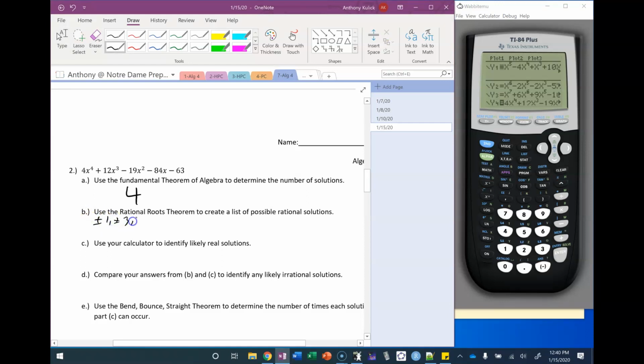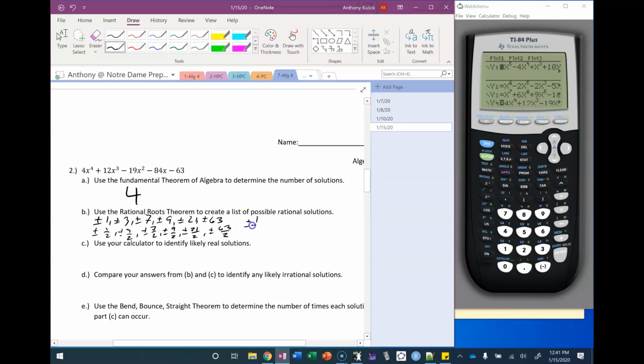So plus or minus 1, 3, 7, 9, 21, and then 63. And then I have plus or minus 1 over 2, 3 over 2, 7 over 2, 9 over 2, 21 over 2, and 63 over 2.